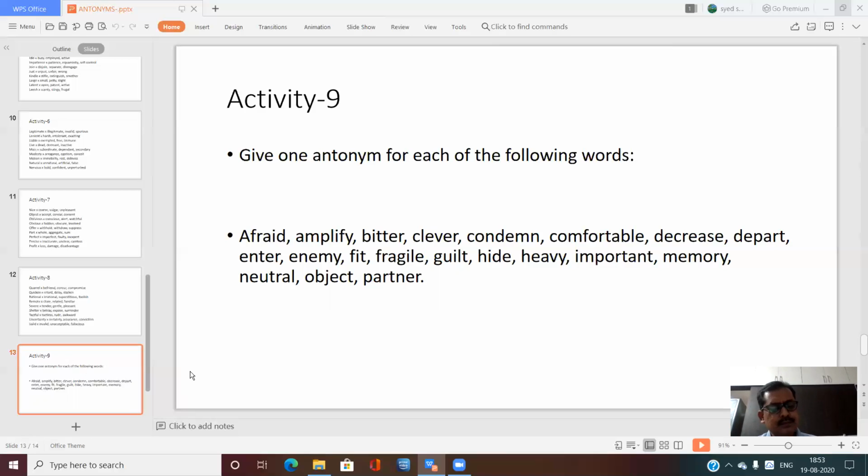Now, let us see some more exercises. In the same lesson, I read some sentences. In these sentences, you have to change the word I repeat into its antonym.